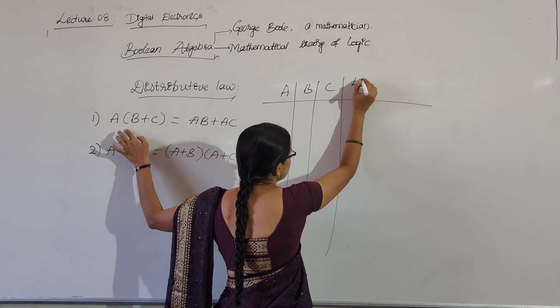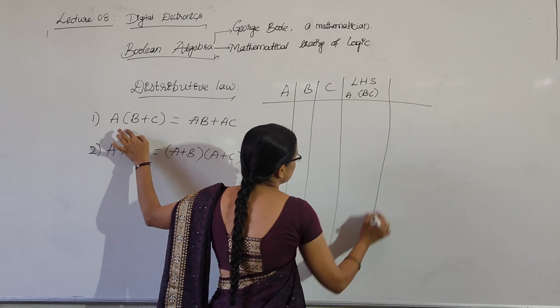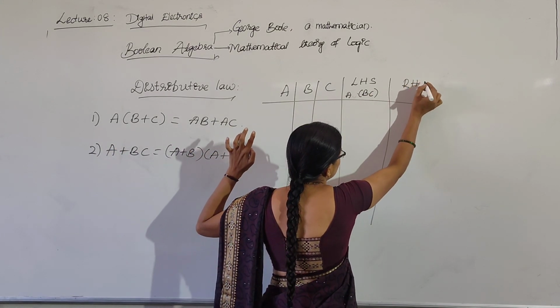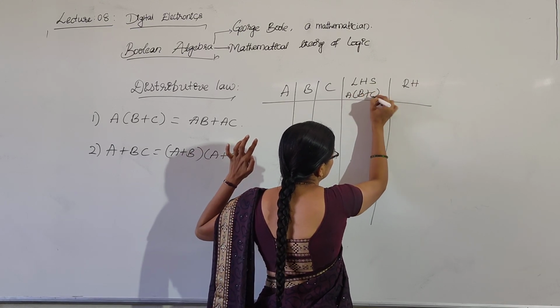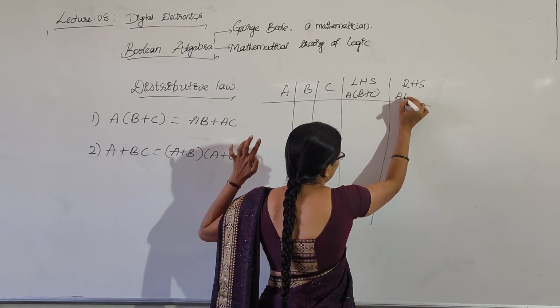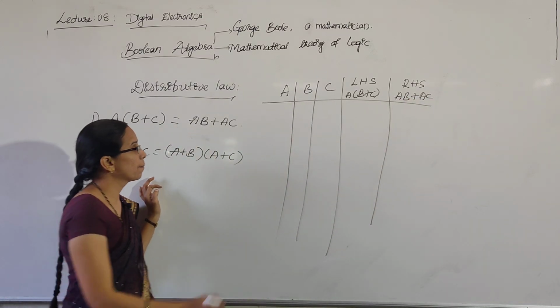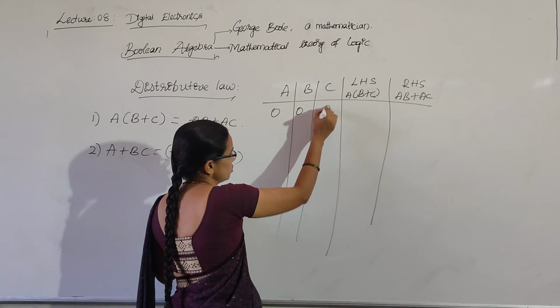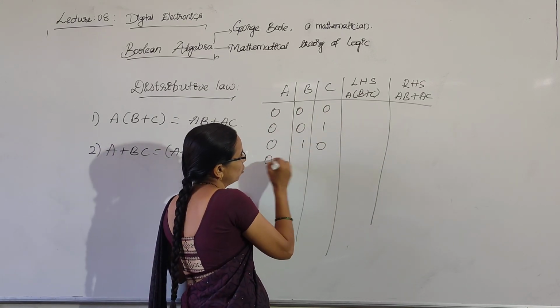First one I will take LHS, A into (B plus C). RHS is what? AB plus AC, that you can agree easily. If all are 0, 0, 0, there are eight different combinations. I will write all those.